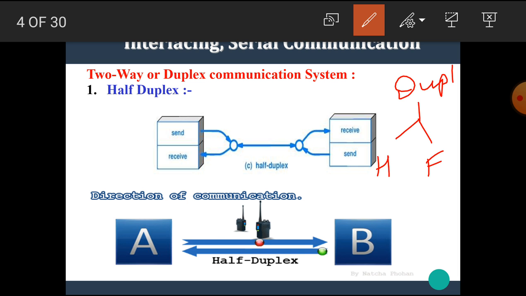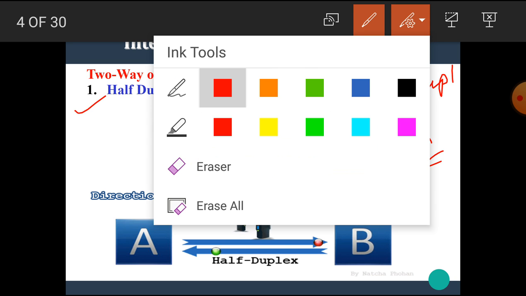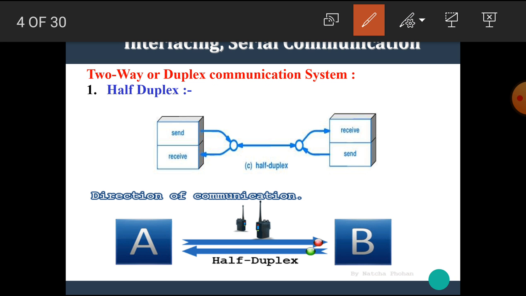First of all, let's see the half duplex communication system. In half duplex communication system, the data can be transmitted and can be received. That means the transmission and the reception happen in this type of communication system.